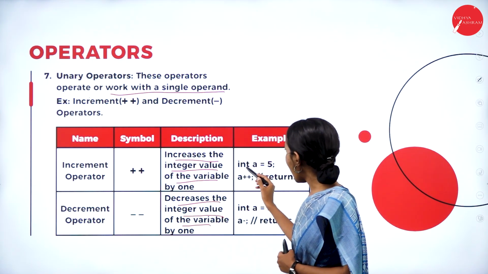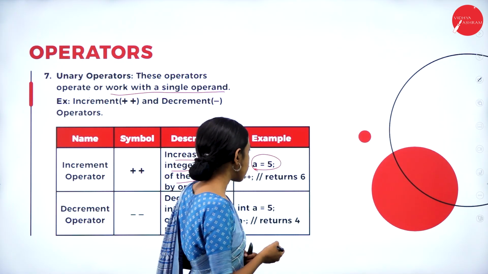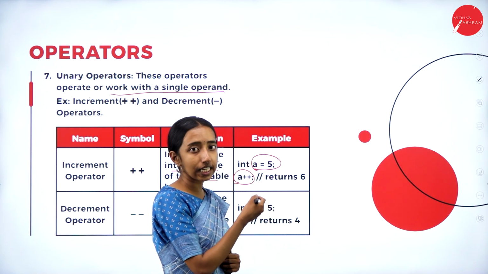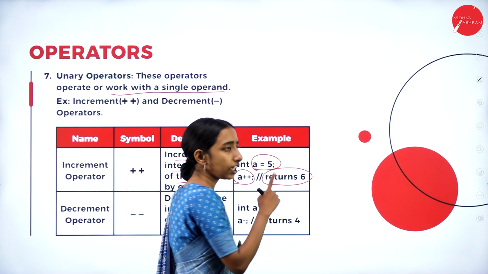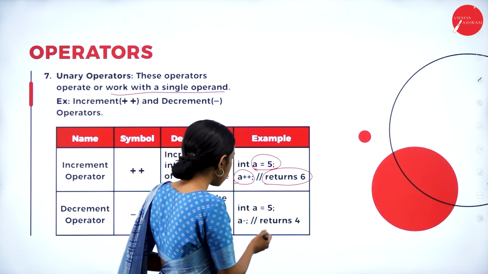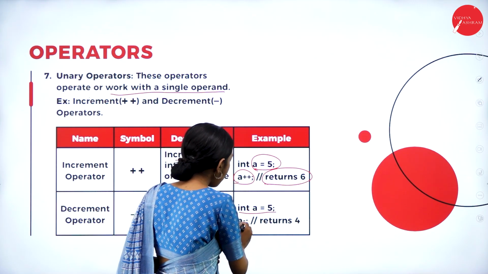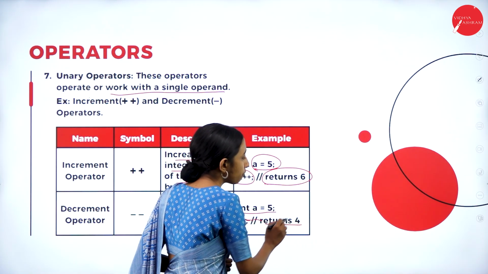For example, I have taken int a is equal to 5, and I am applying a plus plus, that is the increment operator. So a becomes 6. It is incremented by 1. Here also now I am having a is equal to 5, a minus minus. So a becomes 4.